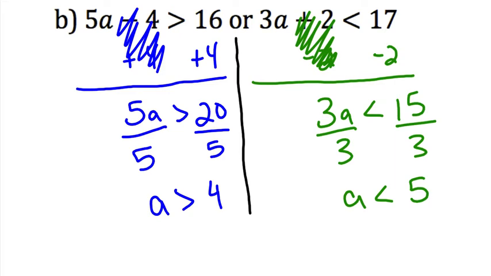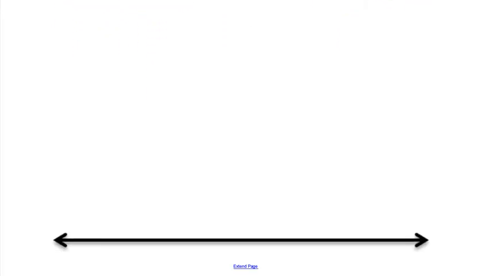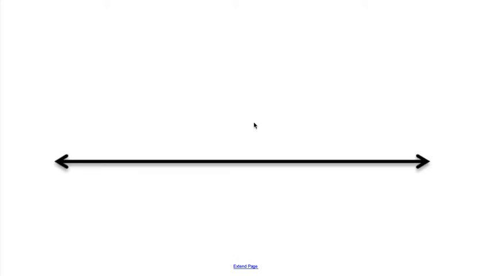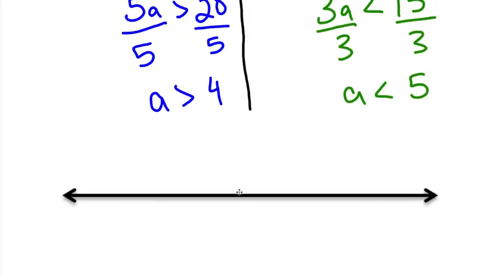Okay, so this is one of the other cases where our inequalities are graphed and they look a little bit different than the way it did in that last problem. So we're still going to start this the same way though. We put our smaller number on the left, 4. We put our bigger number on the right, 5, which are consecutive numbers, so there are no numbers in between other than our decimals and fractions and stuff.